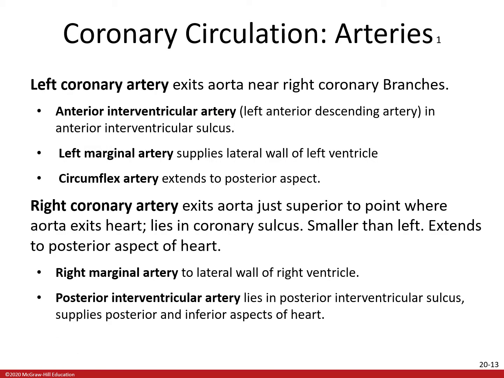All right, so here is a slide discussing coronary circulation, specifically the arteries. So these are going to be the vessels that are going to be supplying blood to the heart itself. Do keep in mind that the blood that is going to be supplied to the heart is going to be directly off of the aorta.